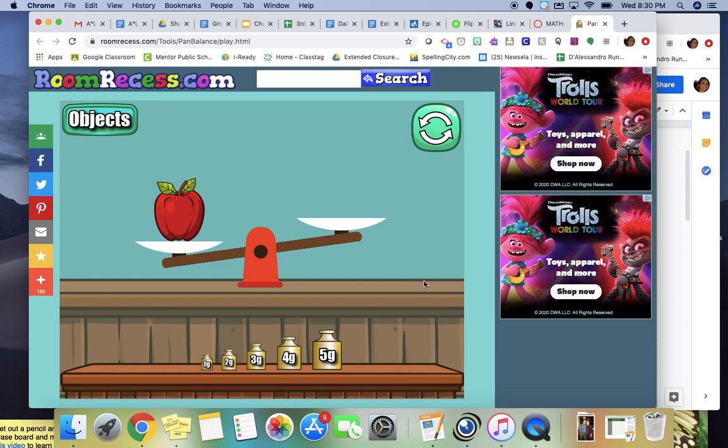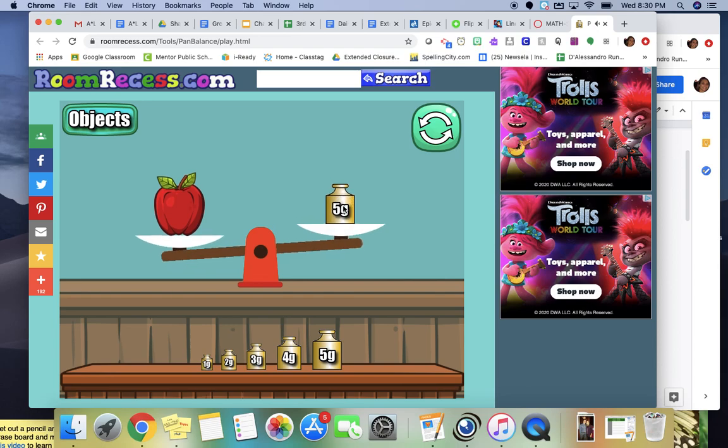Now I could start with the 1, or I could start with a much bigger amount and then go from there. So I'm going to start with 5 and see. Wow. Now, the 5 brought it down partway, but not completely even, which means that the apple still weighs more than this 5 gram weight, because this side of the balance scale is further down than the 5 gram weight.